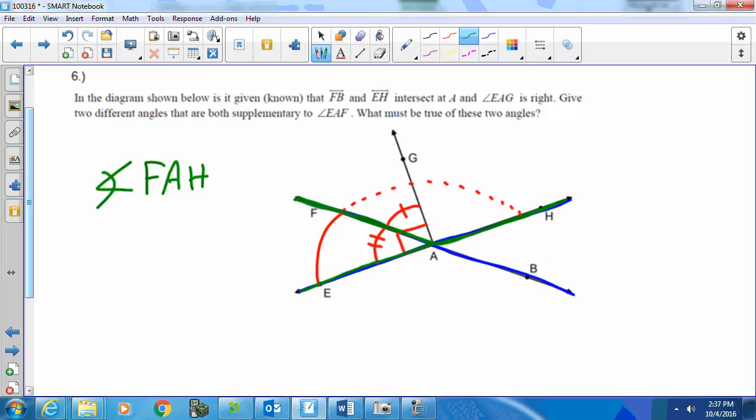Well, what's another one? If you look at the other direction, we have that. So we have this angle, but we also have this angle. So what angle is that? Add all together makes a half circle or a straight angle, 180 degrees, and that is angle EAB.